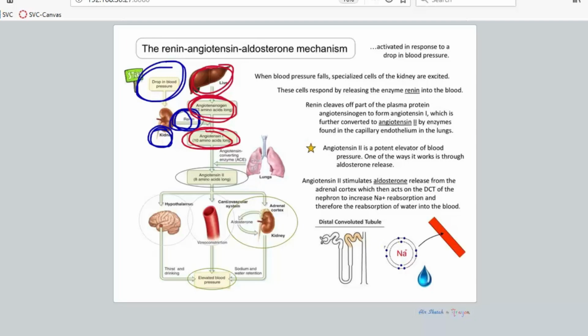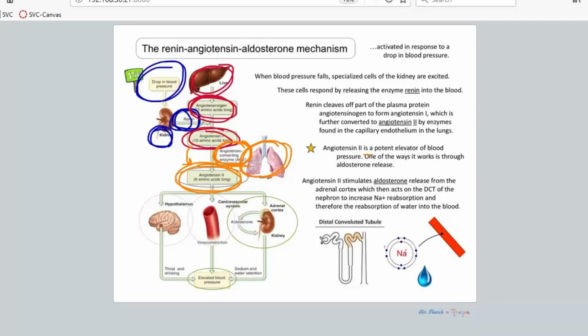Then that angiotensin 1 goes throughout the blood, and when it gets to the pulmonary capillaries up in the lungs, it gets exposed to an enzyme called angiotensin converting enzyme, or ACE. And angiotensin converting enzyme converts angiotensin 1 to angiotensin 2. And angiotensin 2 is a very important molecule in the body.